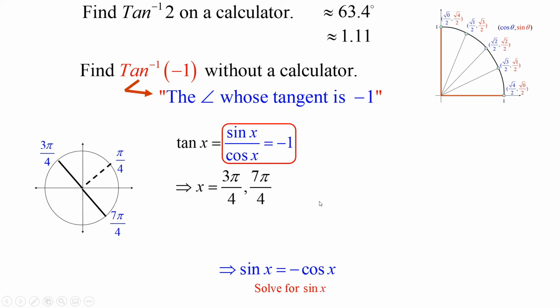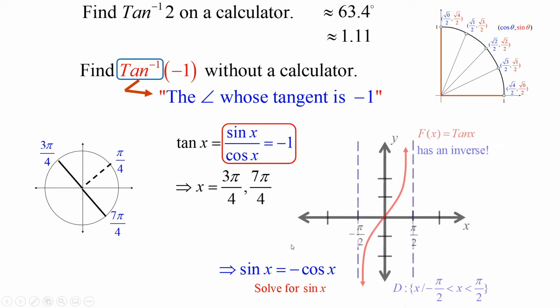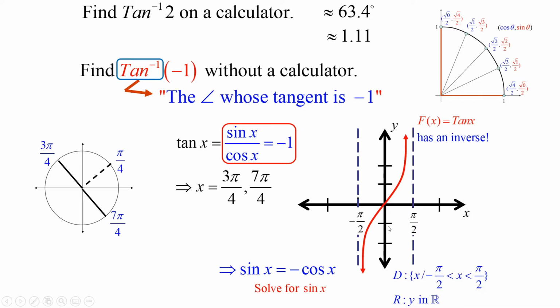But remember the restricted domain business, okay? We have to restrict the domain of tangent so we can take inverse tangent. And what is the restricted domain one more time? Negative pi over 2 to pi over 2 exclusive. So 3 pi over 4 is not in this interval right here.